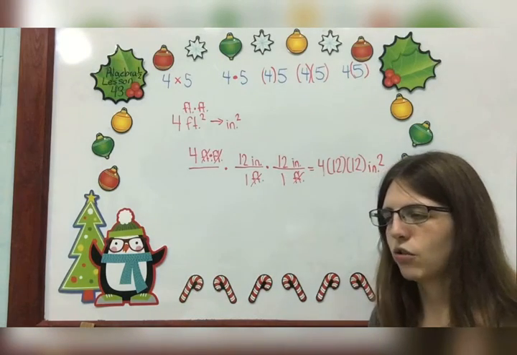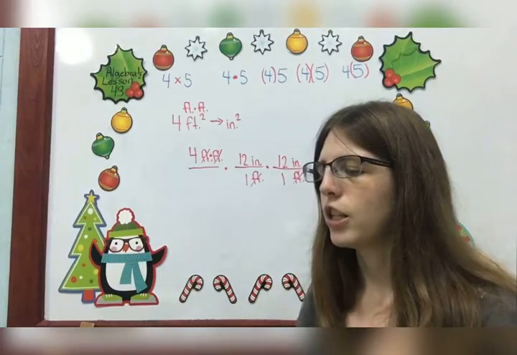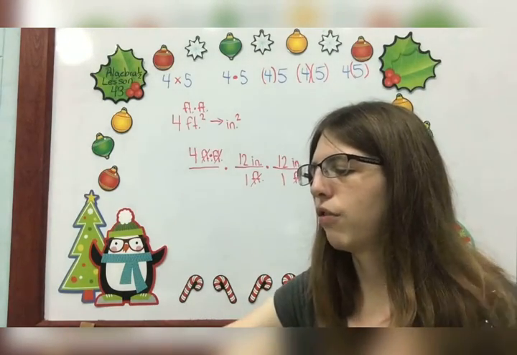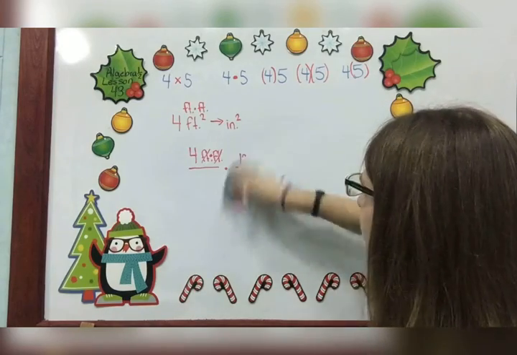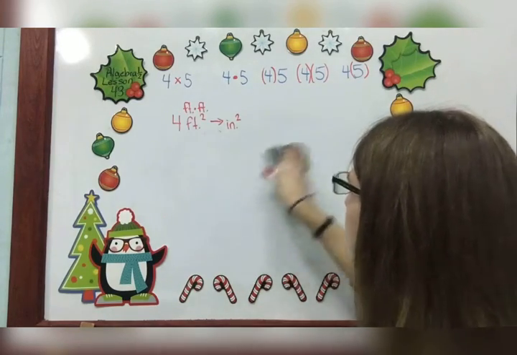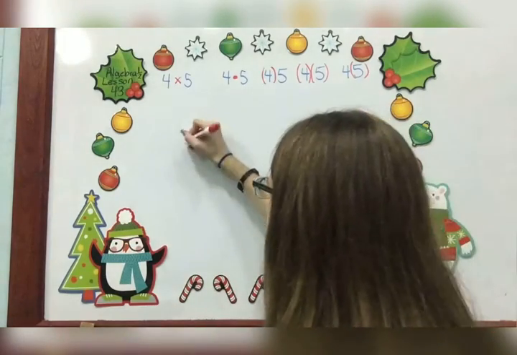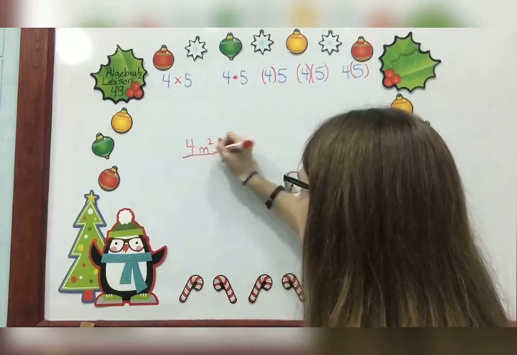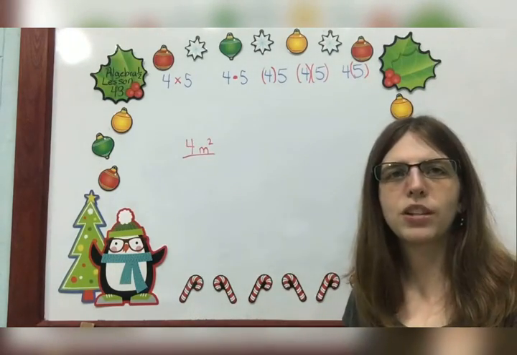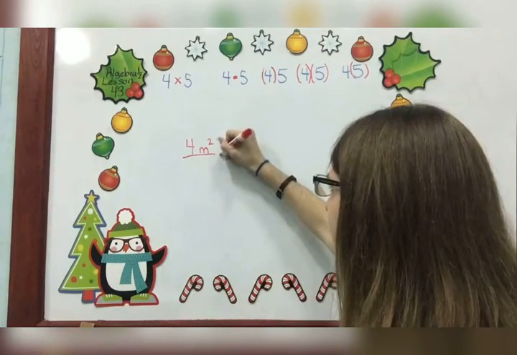Okay, let's try one more example problem. Or I think I have 2 more. Okay. Use 2 unit multipliers to convert 4 square meters to square centimeters. All right, so we have 4 square meters, and we want to go to square centimeters. Can I go straight from square meters to square centimeters? Yes, I can. I do have a unit multiplier for that.